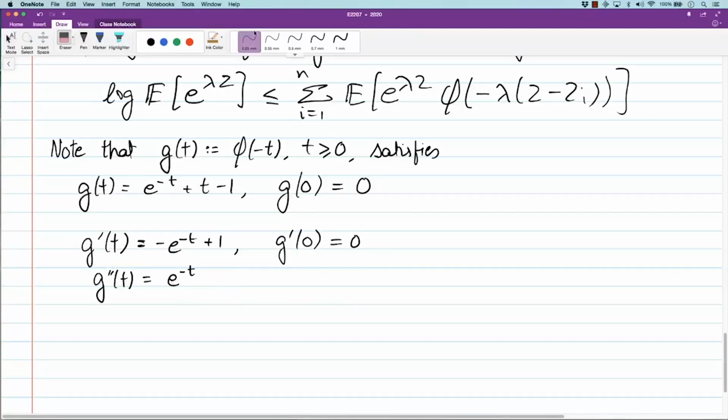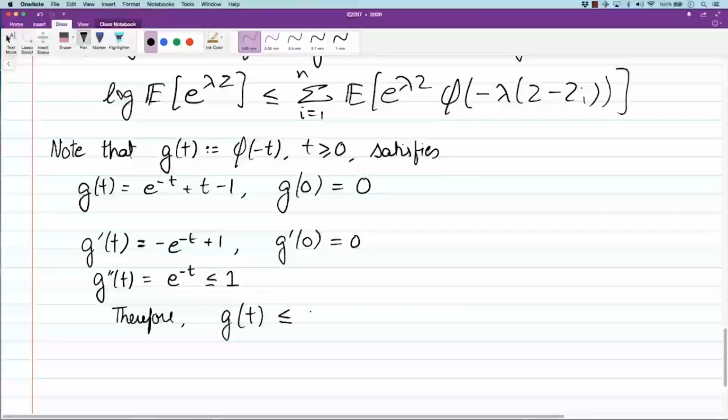Okay, so that's g double prime of t, and therefore this is less than or equal to 1.